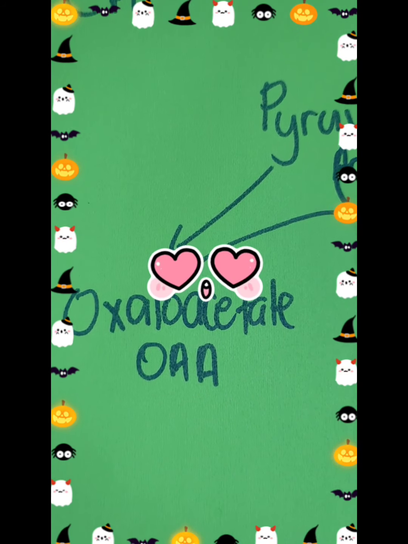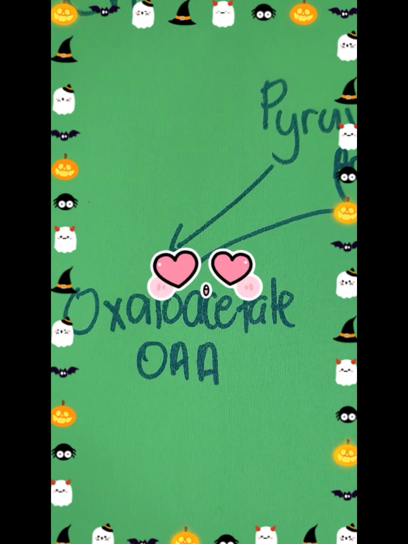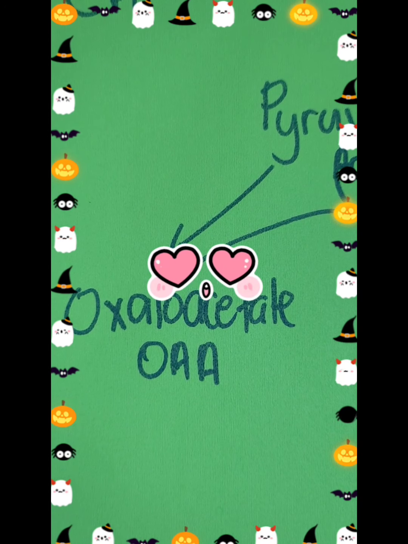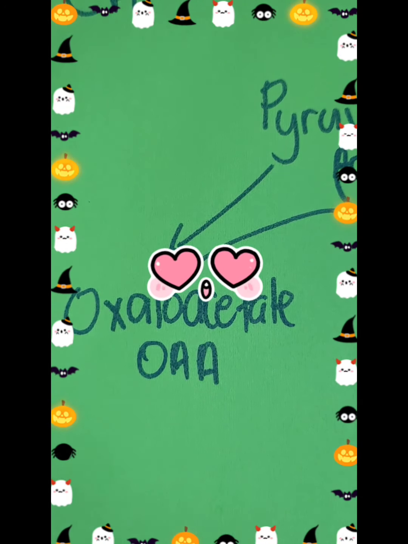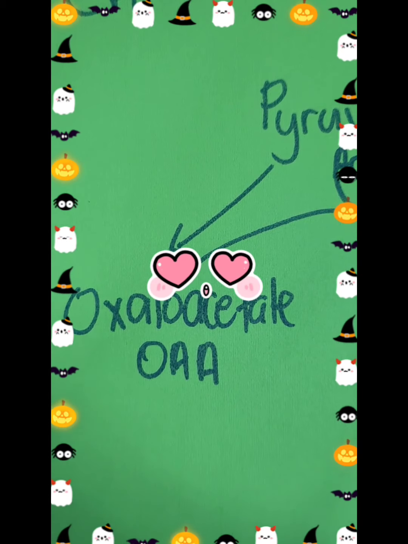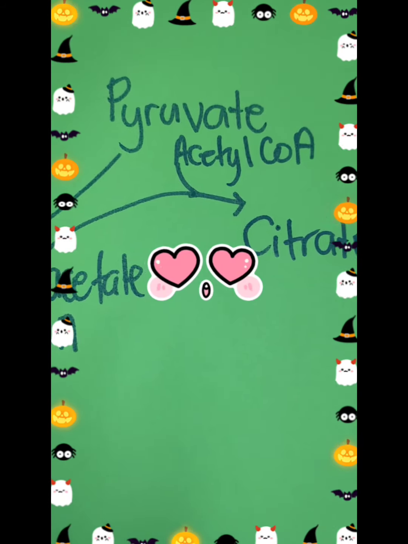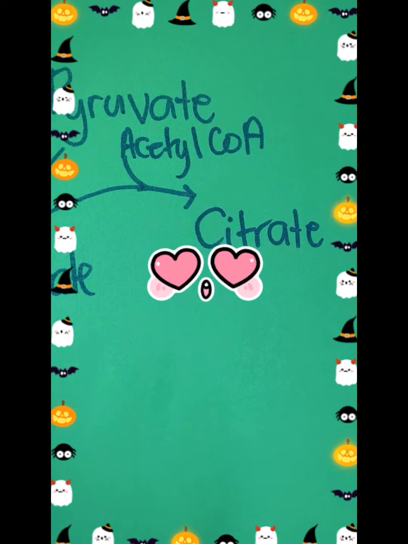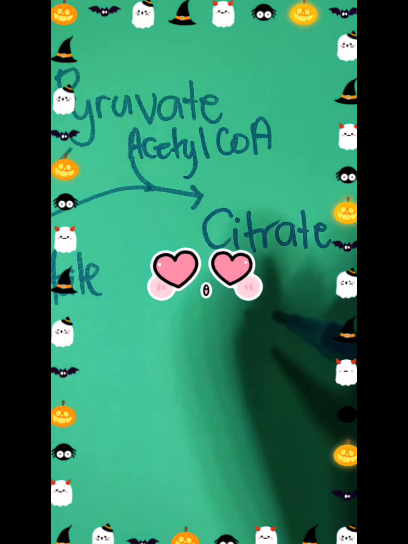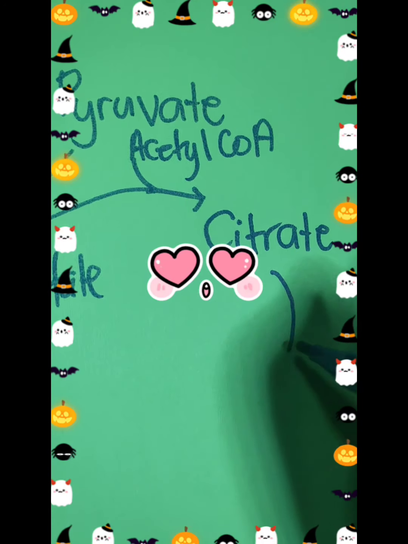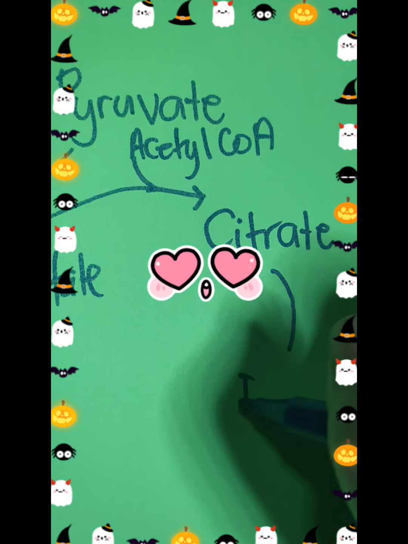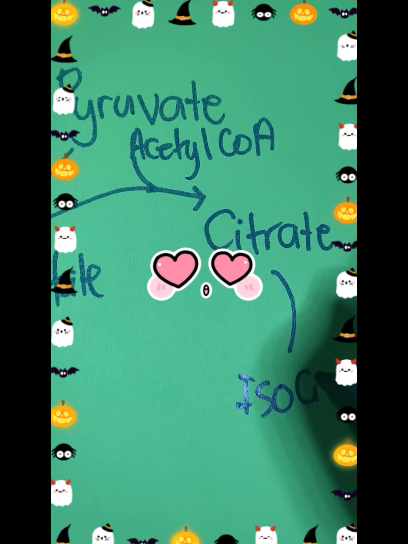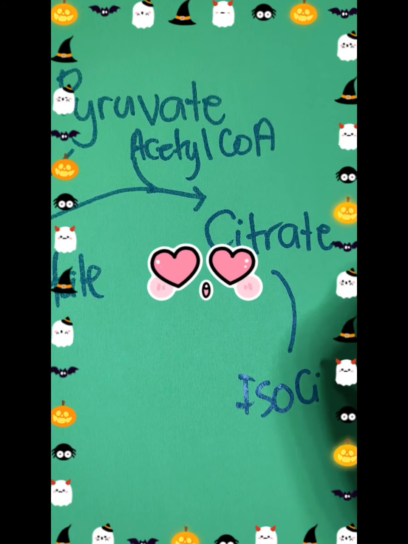Later I will have to explain to you what is happening in this cycle. Okay? Para makita nyo lang. Citrate. Isomerization. Citrate.